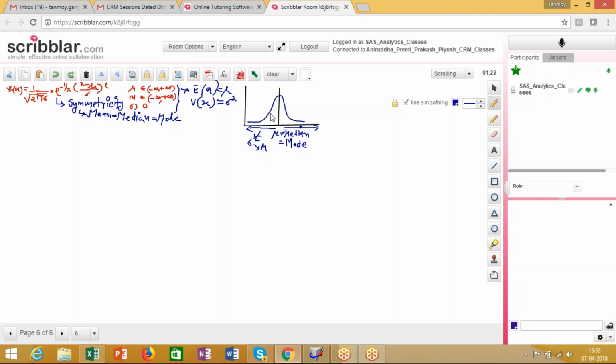And given that the variance is low compared to the mean, there is a concentration about the mean value. So all the observations are symmetrically clustered near the mean value. Given that sigma square is less than mu, you can say that this distribution is very symmetric in nature.